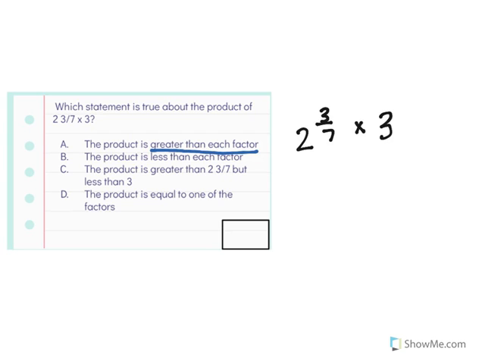So let's see. All right, 2 3/7. Yep, that's greater than 1. Let's look at the other one. 3. 3 is also greater than 1. Since both of these factors are greater than 1, then the product would be greater than each factor. So A is our correct statement.